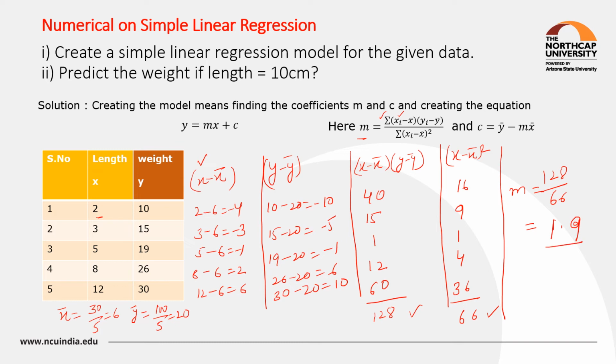And we can find the value of c now. c is y bar minus m x bar. y bar is 20 minus 1.9 into x bar, which is 6, and this is coming out to be 8.6. So I have got these two values of the coefficients m and c.